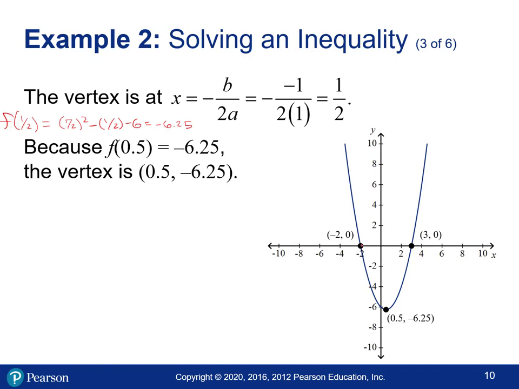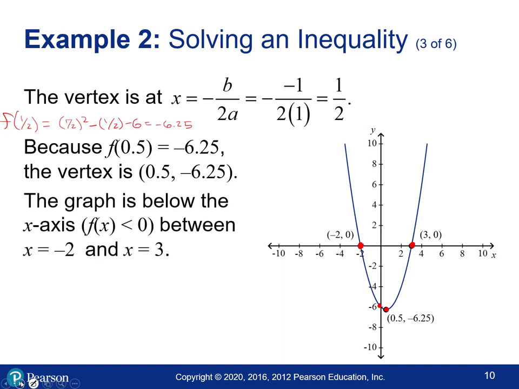Alright, so if we graph, we have our x-intercepts at -2 and 3. We have our y-intercept right here at -6. And then our vertex is just a little lower than that, 1/2, comma, -6.25. And remember, when we rearranged our inequality, we wanted the function to be less than 0.